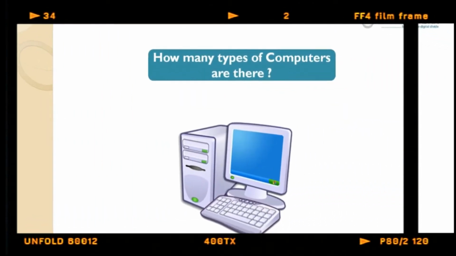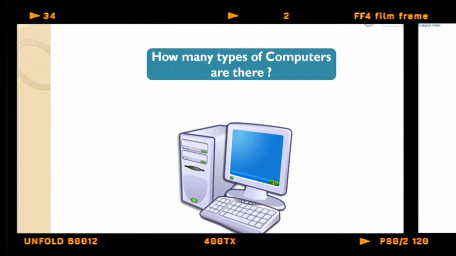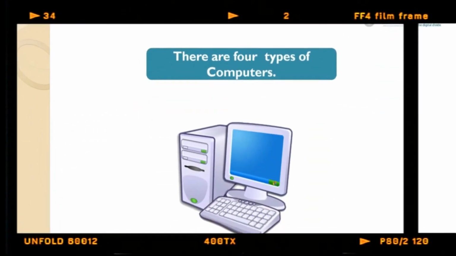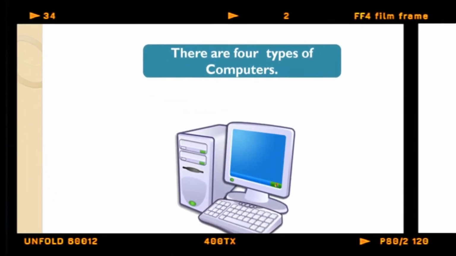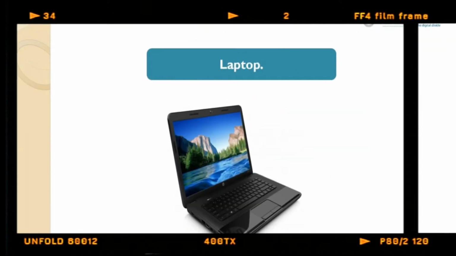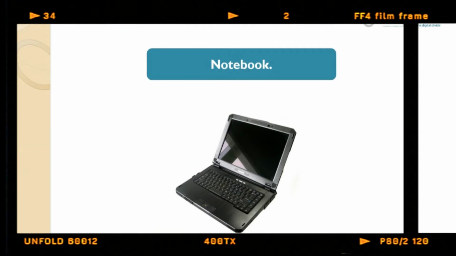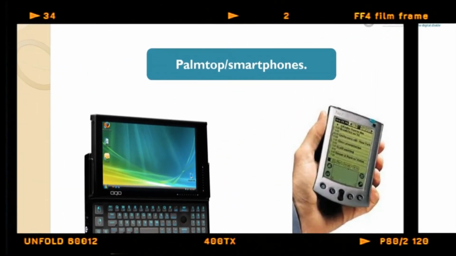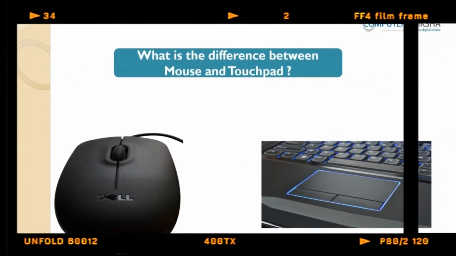How many types of computers are there? Computers are of 4 types: desktop computers, laptops, notebooks, and palm tops or smartphones. What are the differences between a mouse and a touchpad?